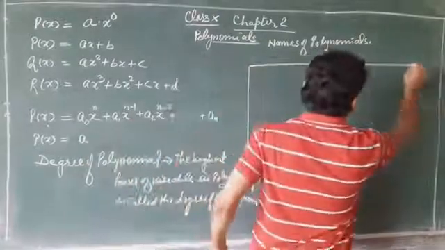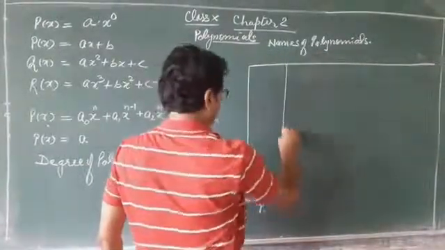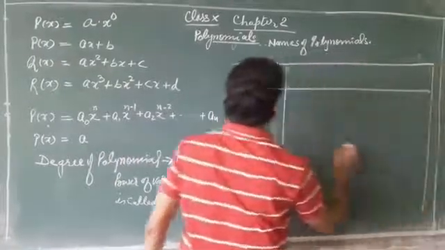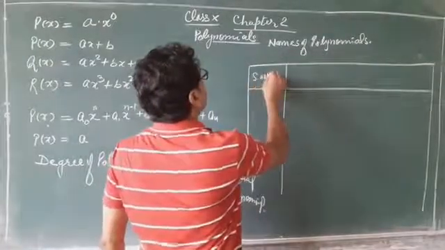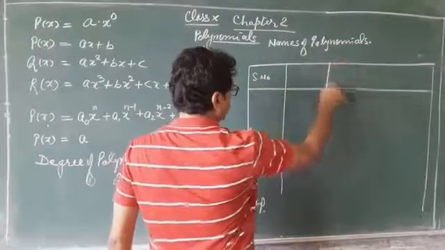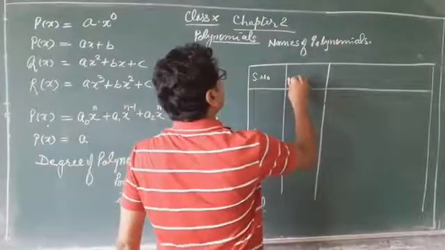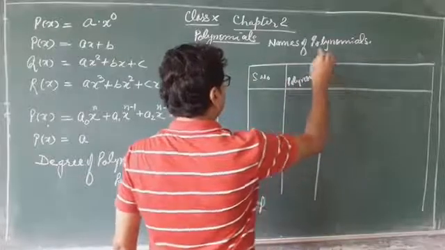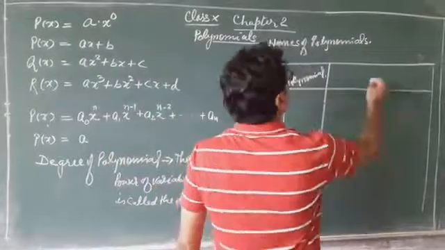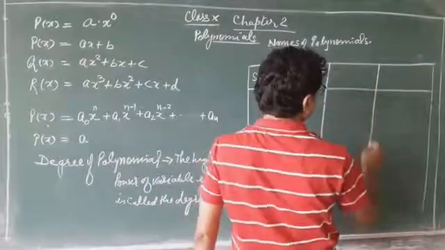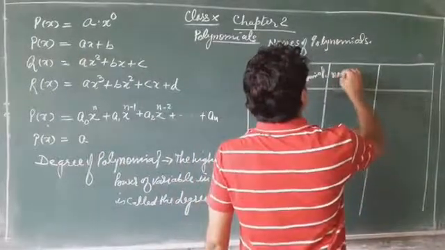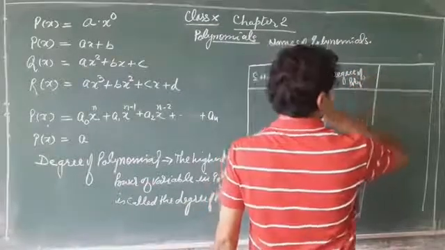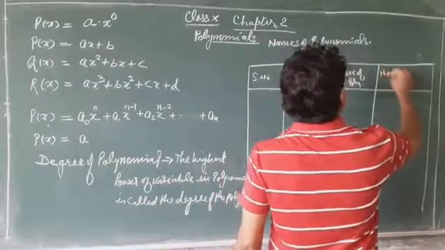in which this is serial number, this is polynomial, so degree of polynomial, and name of polynomial.